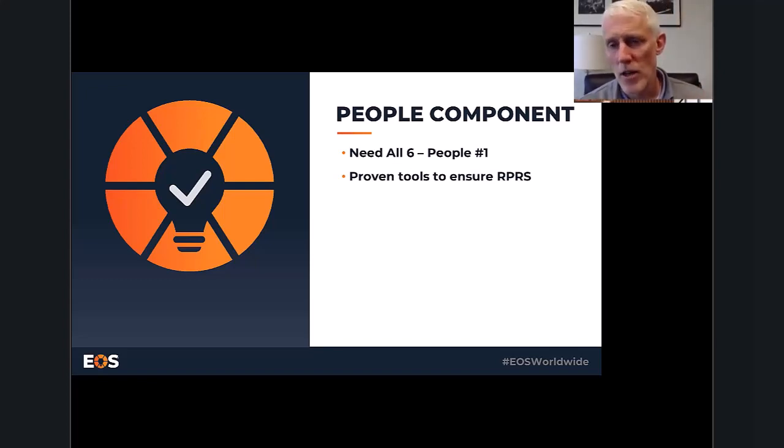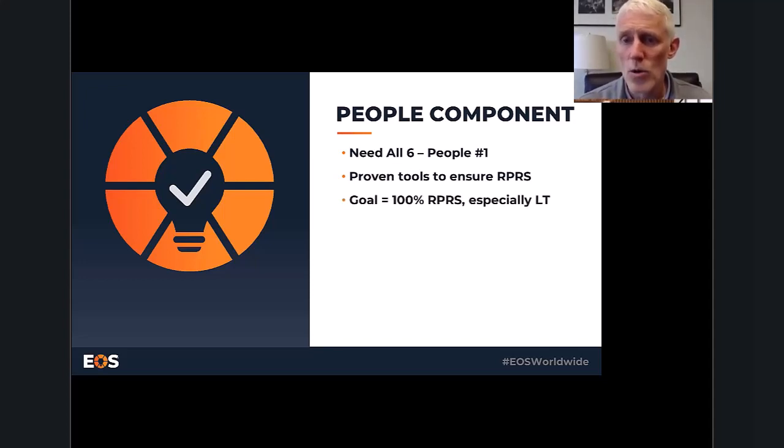Between the accountability chart, the people analyzer, using the core values, and the get it, want it, can do it, these are proven tools to help you very quickly ensure that you've got the right people in the right seats. And the goal is essentially to have 100% right people in the right seats, especially the leadership team.